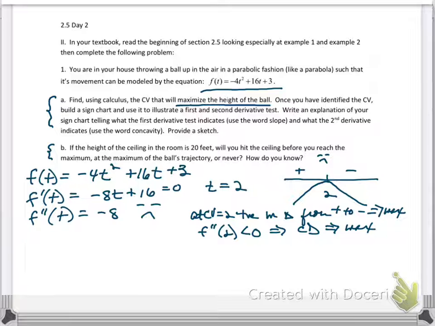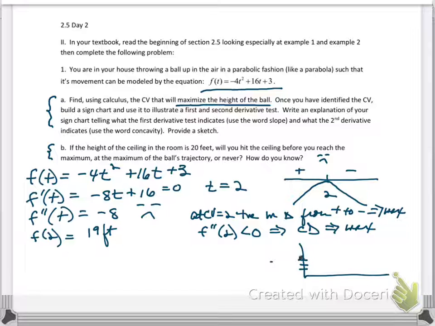So can I give myself a little picture? Let's see, because I haven't figured out what the height is going to be yet. So I'm going to plug the 2 into the original equation. So what I find is f of 2, do a little math, is going to be 19 feet. So in terms of a little sketch of my function, what I know is that it starts out at 3.